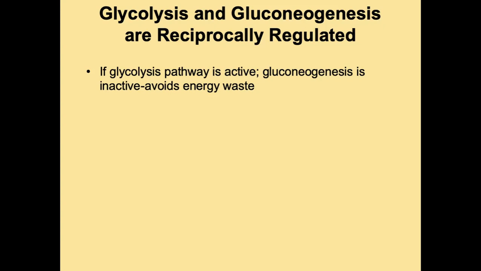So it's important, because of the energy requirements of glycolysis and gluconeogenesis, that both pathways are not active at the same time. So if glycolysis is active, gluconeogenesis is inactive, and what this does is avoid wasting energy, because we don't want to be producing energy and using energy at the same time.